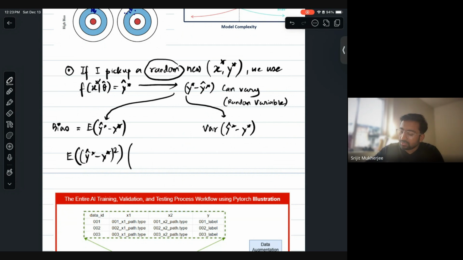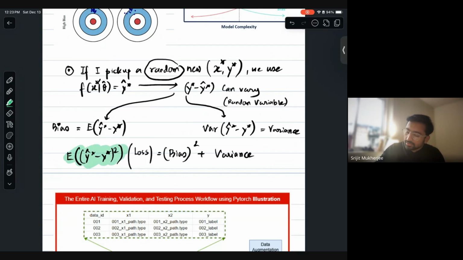So this expected loss, you can show that it is nothing but the bias squared plus the variance. We will not go into that mathematical proof.